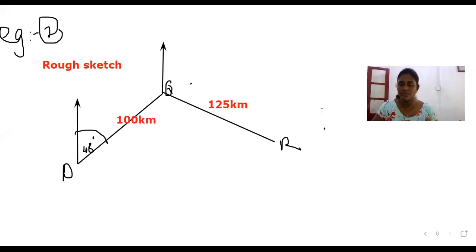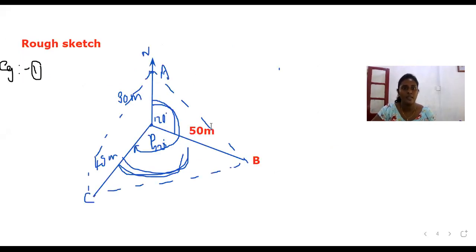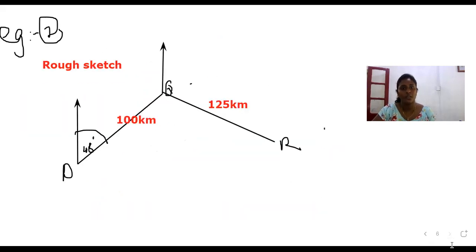If they haven't given you a proper scale, you consider the distances 100 kilometers and 125 kilometers. If we show 10 meters by 1 centimeter like that, we can't do this. In the earlier question, we had the length in meters, 30 meter, 50 meter, 45 meter, right? Now we have kilometers.